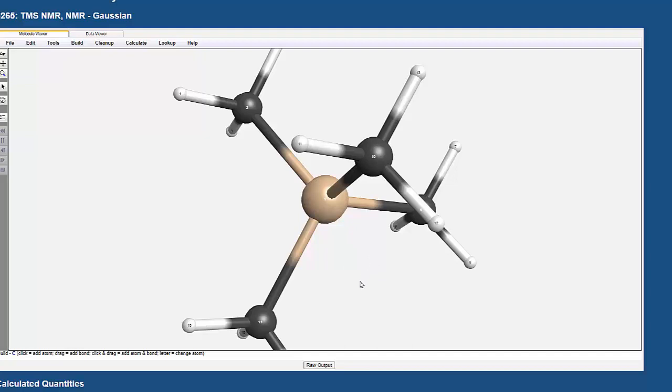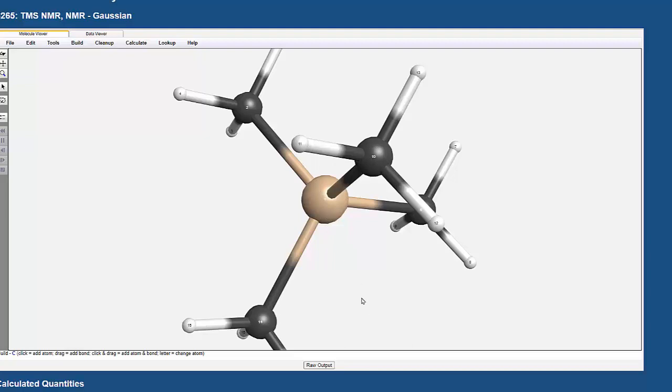Here's the molecule. It's TMS, tetramethylsilane, with silicon at the center and 4 methyl groups attached to it. This molecule is used as a reference in NMR because it's got carbon, hydrogen, and silicon, and it's a very shielded environment.